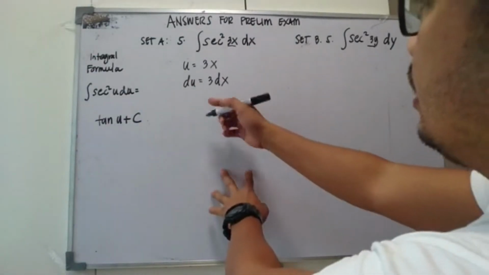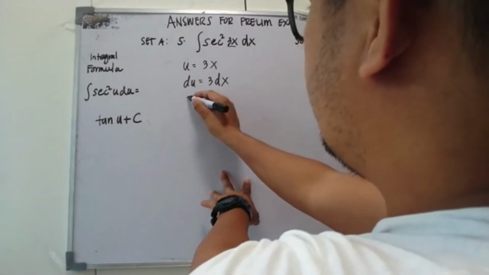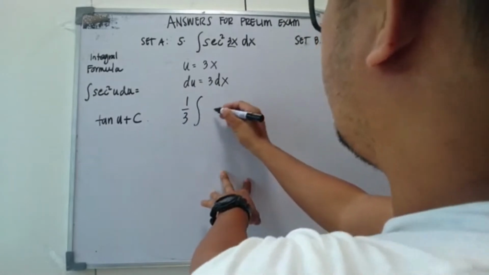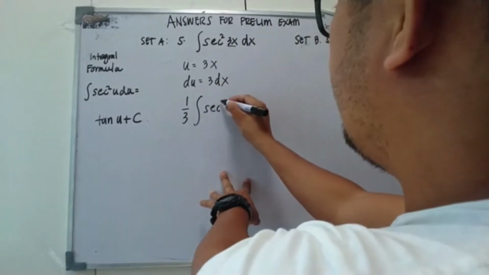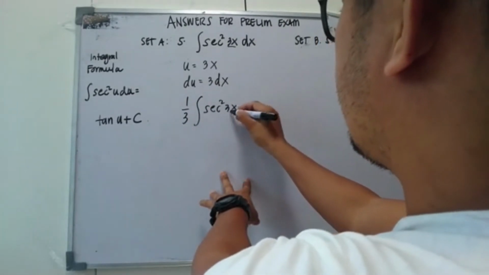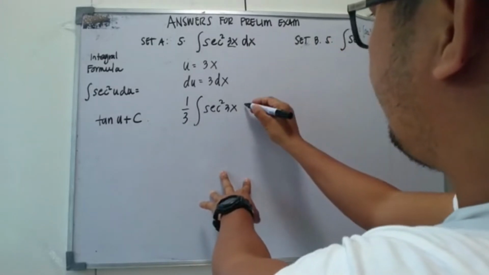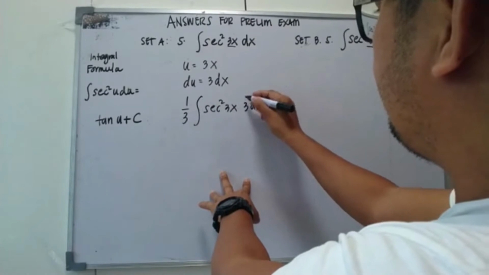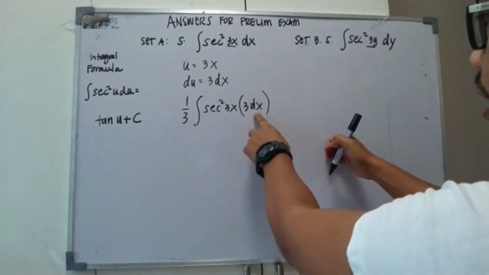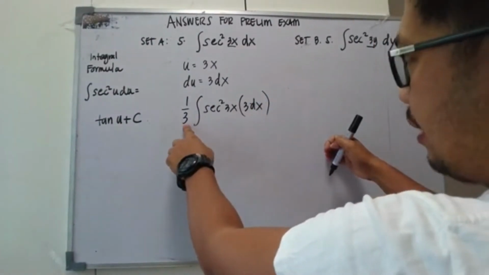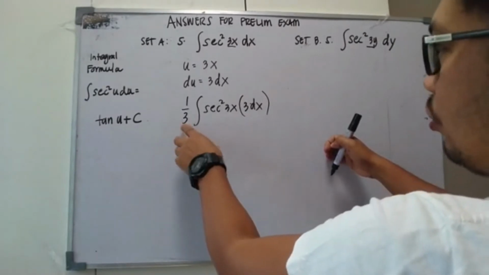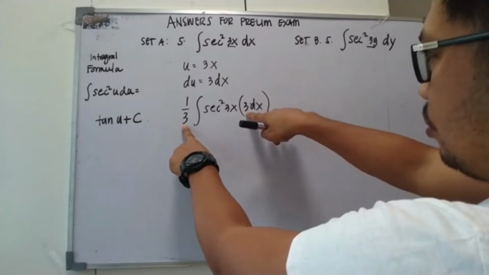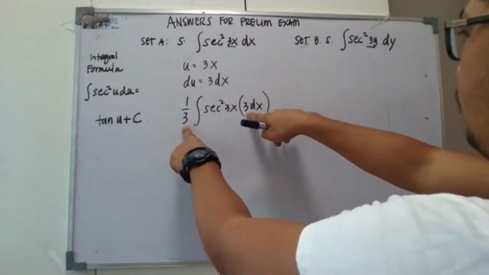So, we can write the formula, introducing the neutralizing factor, 1 over 3, the integral of secant squared 3x. So, this is your du, you should have 3 dx. Okay? You introduced a 3 dx here, so you need to divide by 3. This is what we call the neutralizing factor, so that 3 divided by 3 is equal to 1.